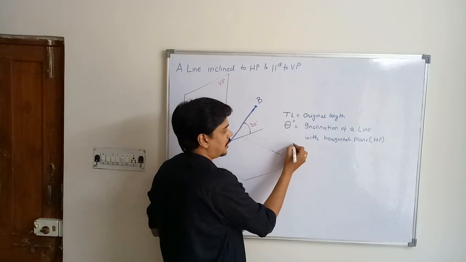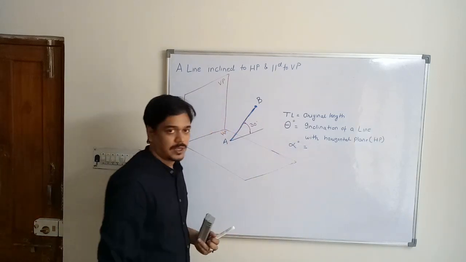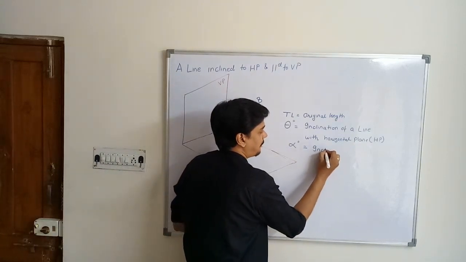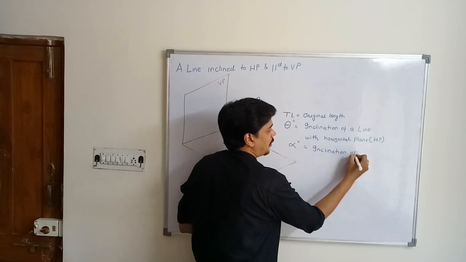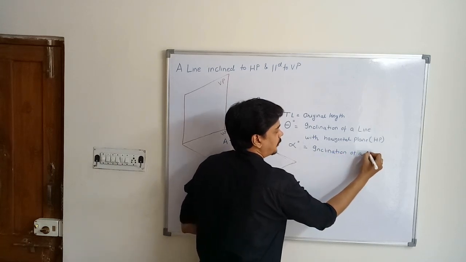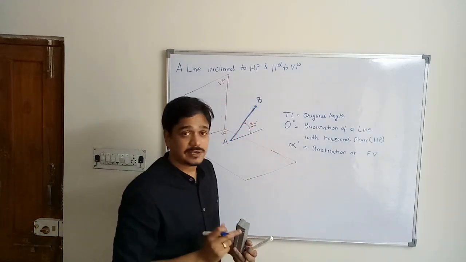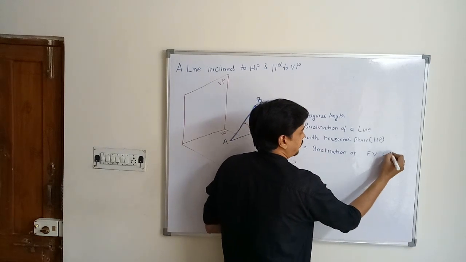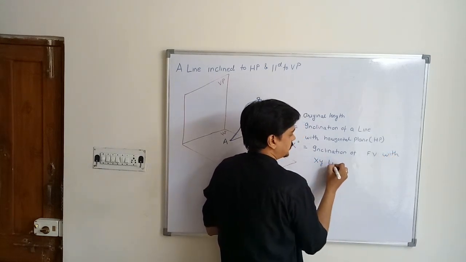And the next term is alpha. So what is alpha? Alpha is the inclination of front view with XY line.